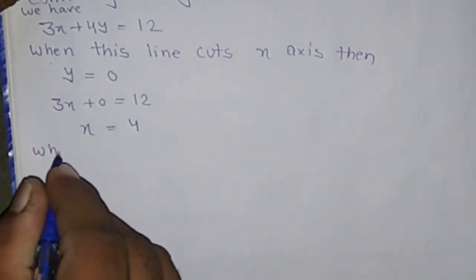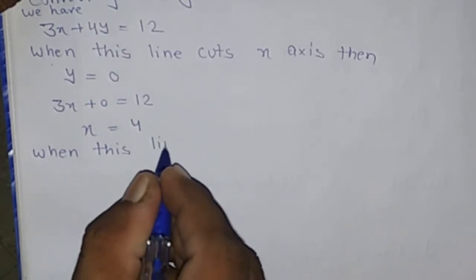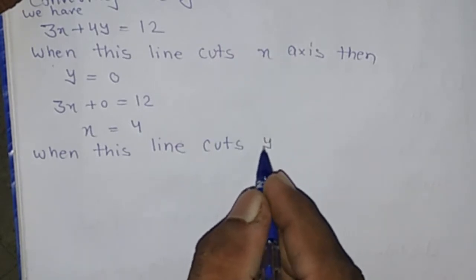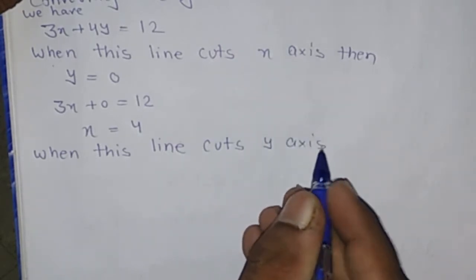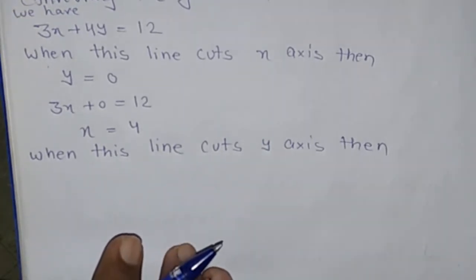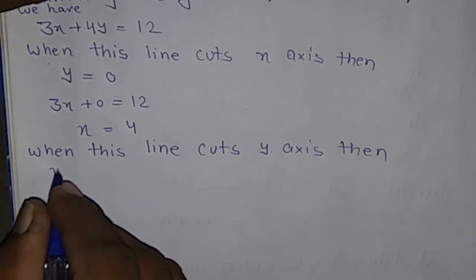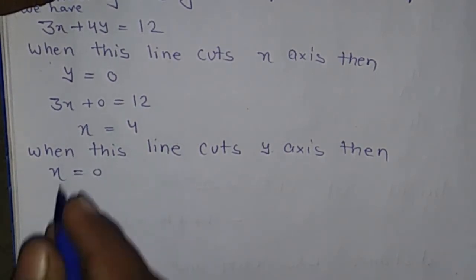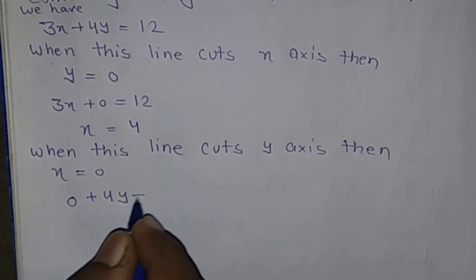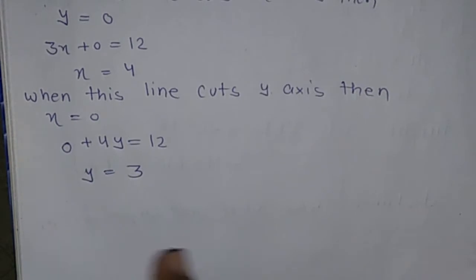When it cuts the y-axis, then x equals 0. We have 0 plus 4y equal 12, which means the value of y is 3.